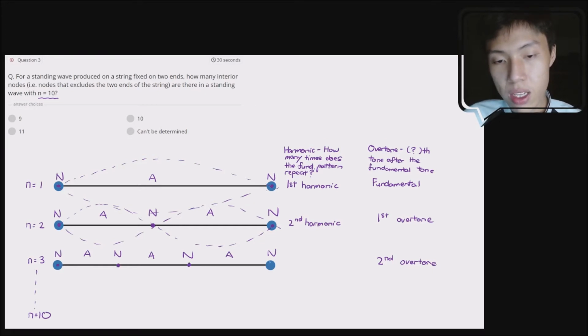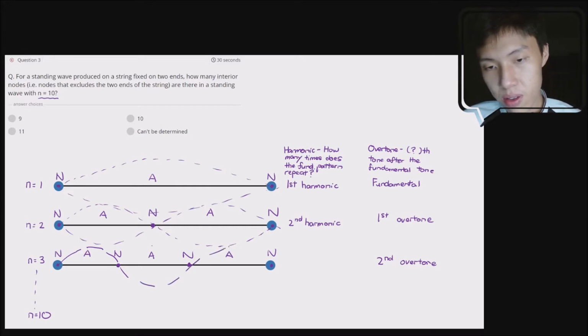Now you can start to draw your wave to see how it looks. At the node, the displacement must be 0. At the antinode, it must be maximum. So if you connect the dots, it will be something like this.